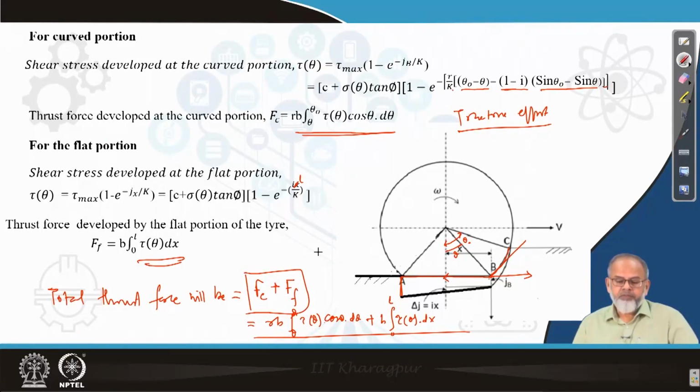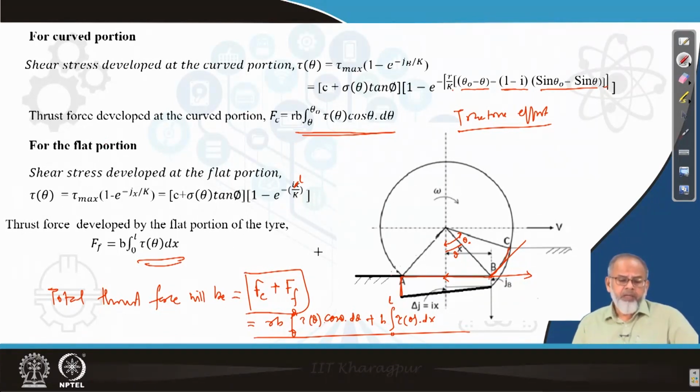Now, after getting the suitable relationship, we find the shear stress which is developed, and then the shear stress has to be multiplied with the contact area. Knowing the width and radius, we can find the contact area, and this has to be integrated for the portion which is inside the soil, so that we can find the thrust force.